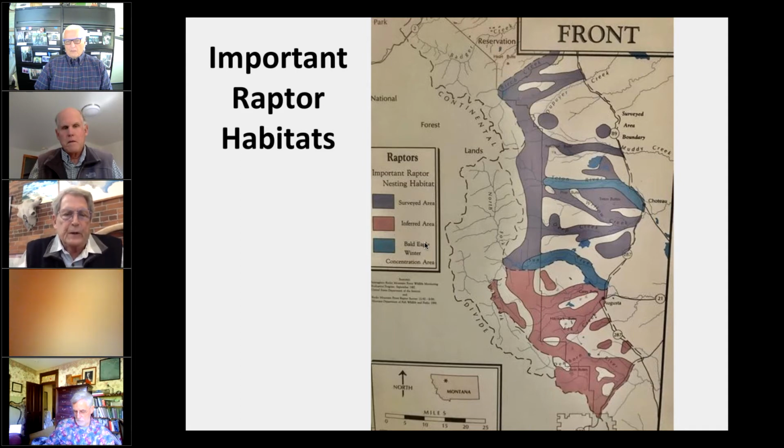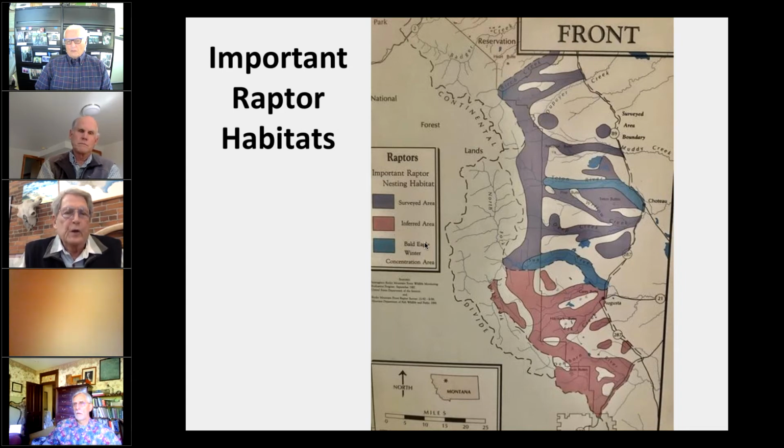Another interesting feature here is that, as I said, these agencies all figured out that instead of each of them, the BLM, the Forest Service, the Fish and Wildlife Service, State Fish, Wildlife and Parks, instead of each of them squandering their measly little budgets for wildlife research, they could pool those budgets and turn over lead responsibility to Montana Fish, Wildlife and Parks for studying the wildlife resources along the front.